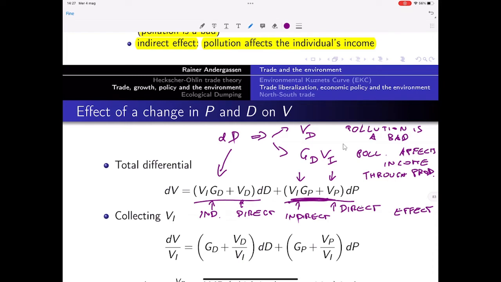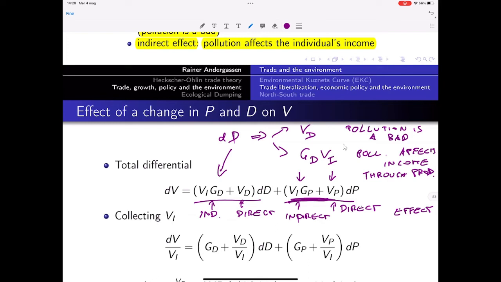Wrongly referred to before. Clearly the interpretation is different, but the two effects are similar. They're always direct and indirect. Is it clear? Pollution directly affects welfare because pollution is bad. Pollution affects the production set, therefore production choice, income, and therefore welfare. This is the price effect.